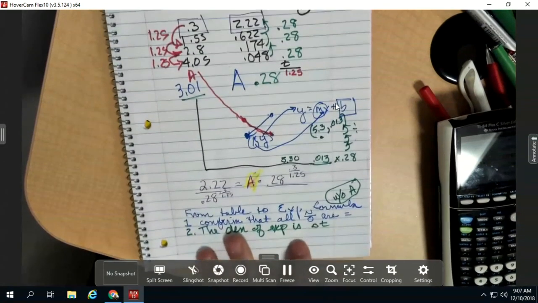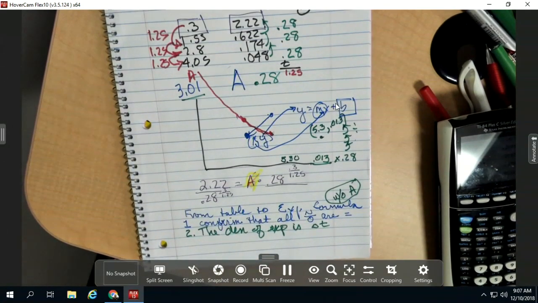Which, if you notice, we said the denominator, t over, was 1.25. Well, how did you get those answers? You just took each one of these x's and figured out how far it is between the x's.